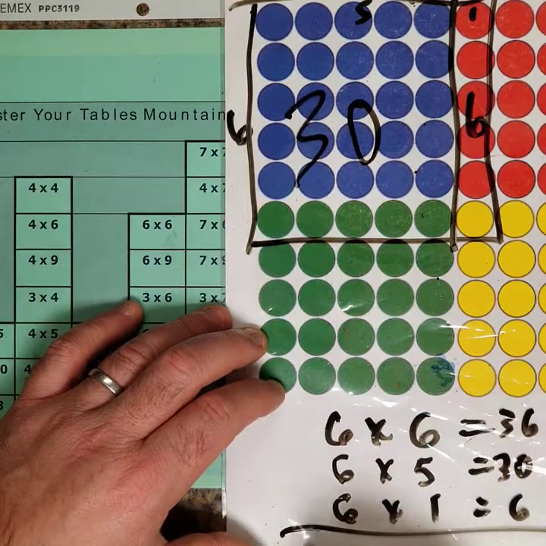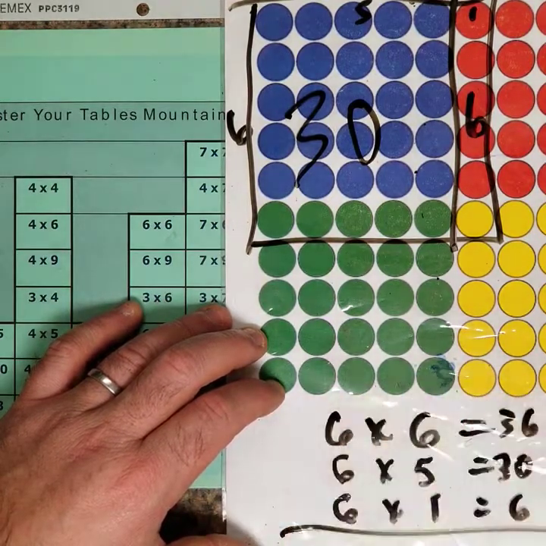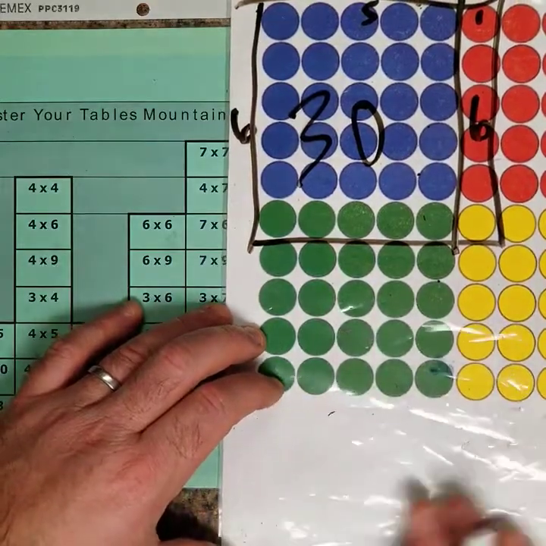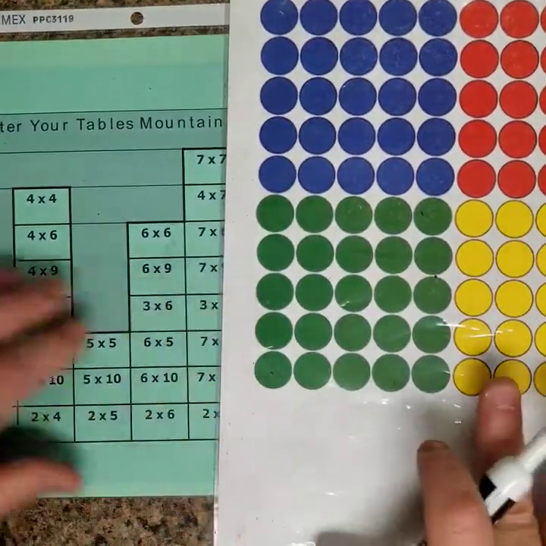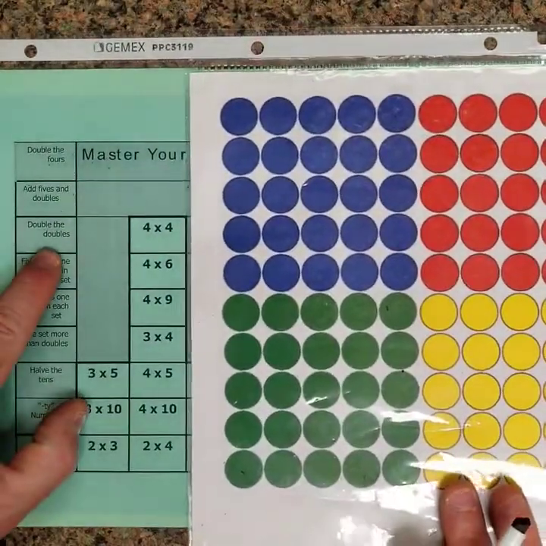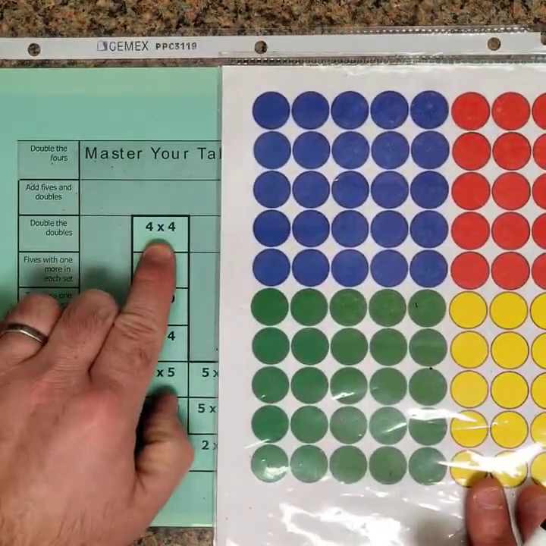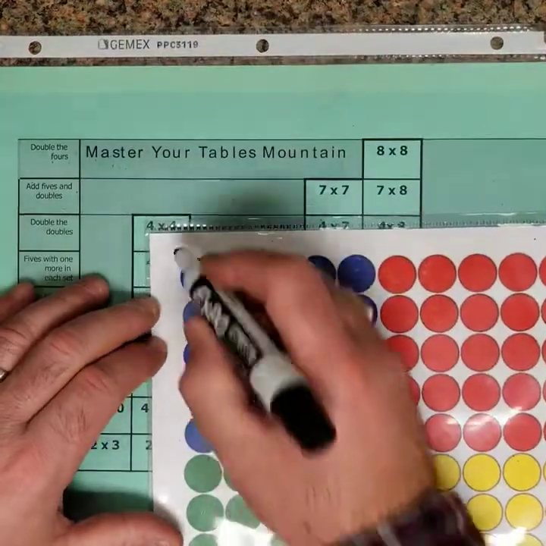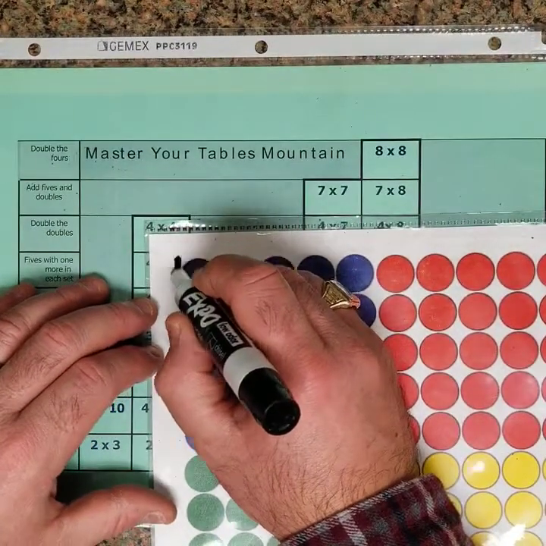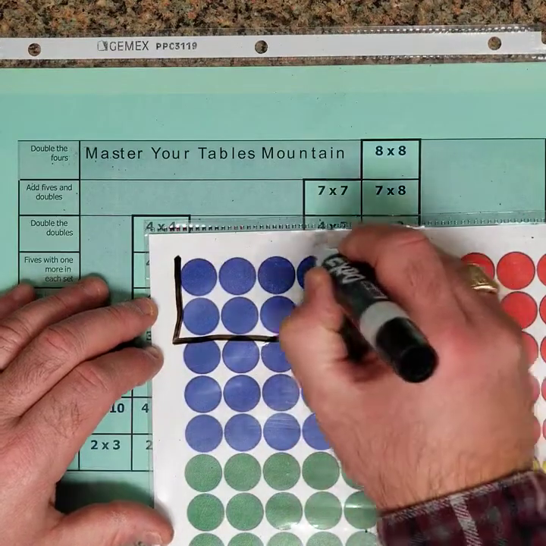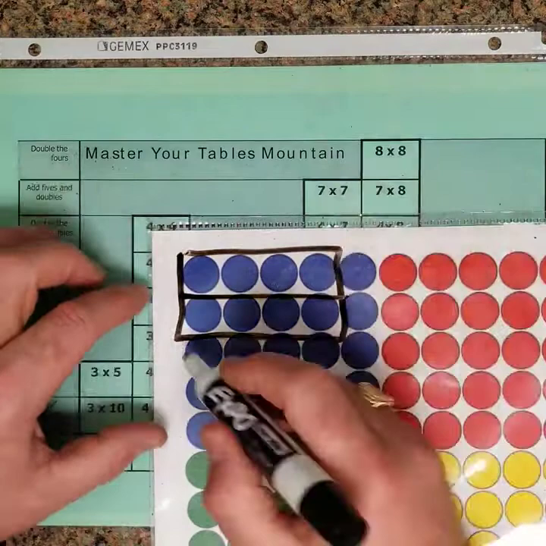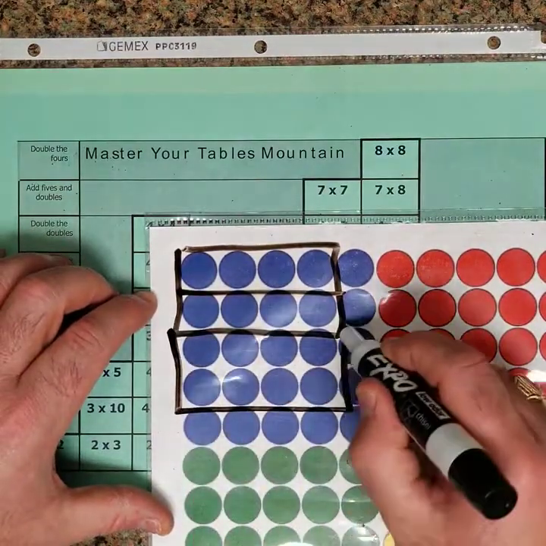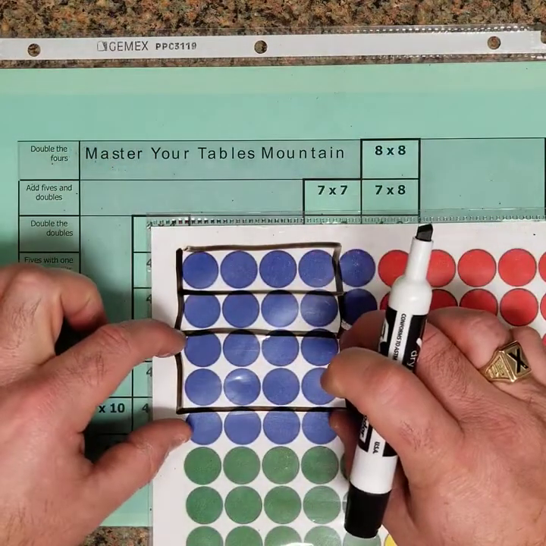Okay, and of course we can go the other way. Doubles the doubles. Two groups of 4. Well, that's just double. But if I wanted 4 groups of 4, I just mirror copy the mirror copy.